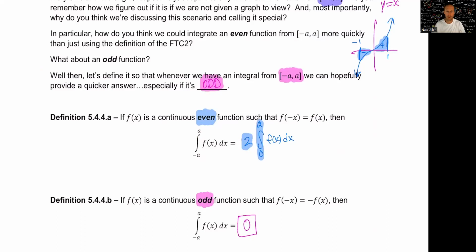All right, so nice little shortcuts for us here, but this one, much nicer. This one, not necessary, but can help a little bit, especially if you got a pretty nasty function that you're trying to plug in a negative a to. 0 will work much nicer.